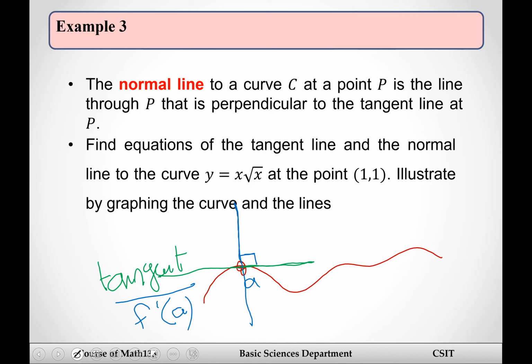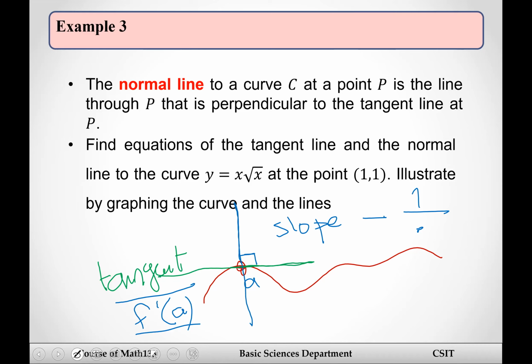The normal line will be the slope of the normal line. You just flip the number in the slope of a tangent line and then put minus. So -1 over f prime of a. Okay, so that's the slope of the normal line. And the normal line is easier sometimes to compute than the tangent line because you have the derivative, find the slope of the normal line, and then the point.